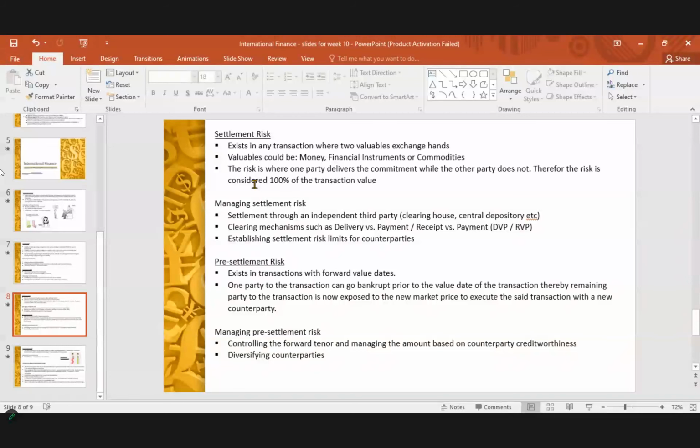But the best way to reduce settlement risk is when there is a third-party net settlement situation, like a clearinghouse or central depository kind of structure, where if I have to give $1 million and the other party has to give me 330 million rupees, the settlement will happen only when this third party sees funds coming in from both sides. This is what happens in central clearing.